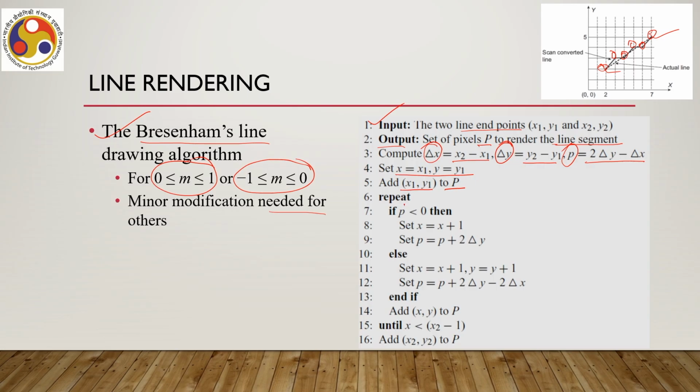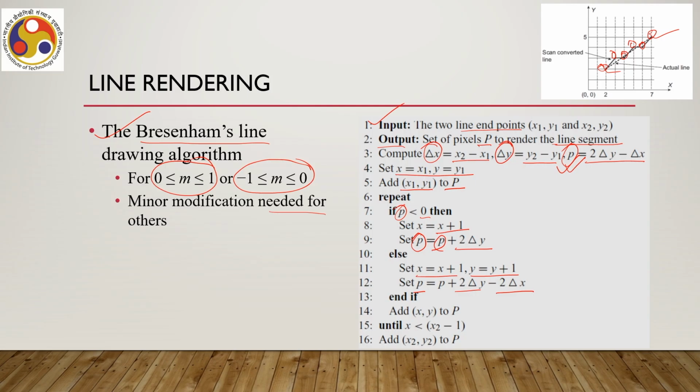Then if the decision parameter P is less than 0, we increment x by 1 and reset the decision parameter as the older value plus twice delta y. Otherwise, we increment x by 1 and y by 1 and reset the value as P plus twice delta y minus twice delta x.